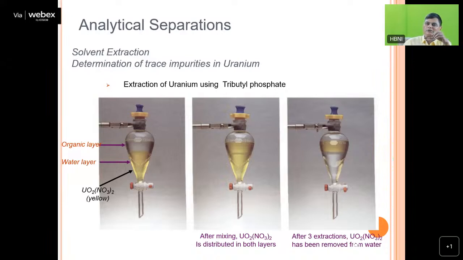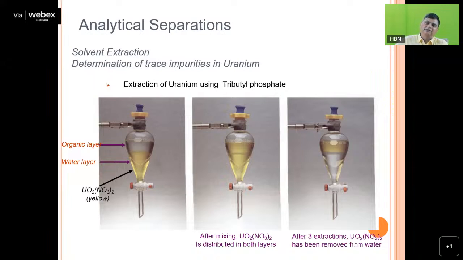So how will I proceed? For this, I will use a solution of uranium, tributyl phosphate and a water layer. The tributyl phosphate is used in kerosene, just to reduce the concentration, because it is very expensive. The uranium will form a complex, uranyl nitrate, and sit in the tributyl phosphate.